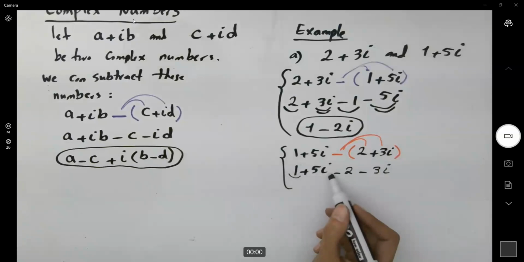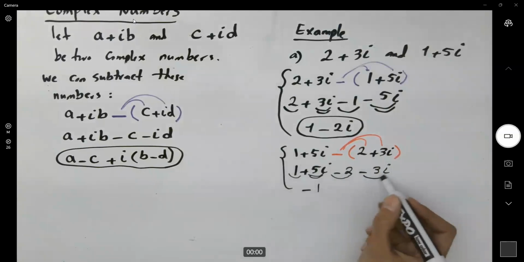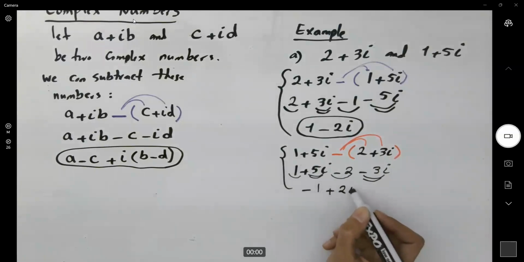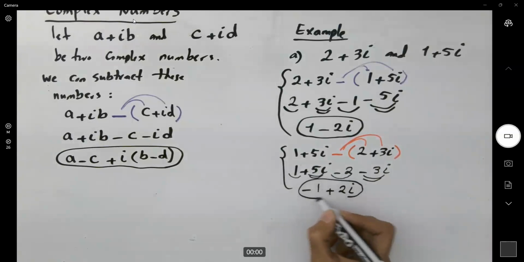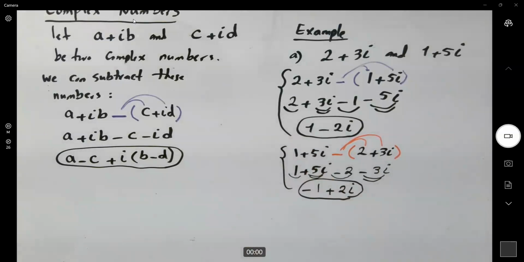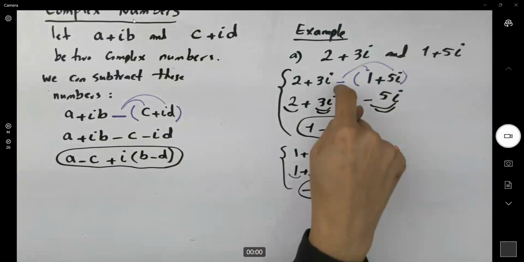Now you have 1 minus 2, which is -1, and you have 5i minus 3i, which is positive 2i. These two numbers are different from each other. So the order is important.